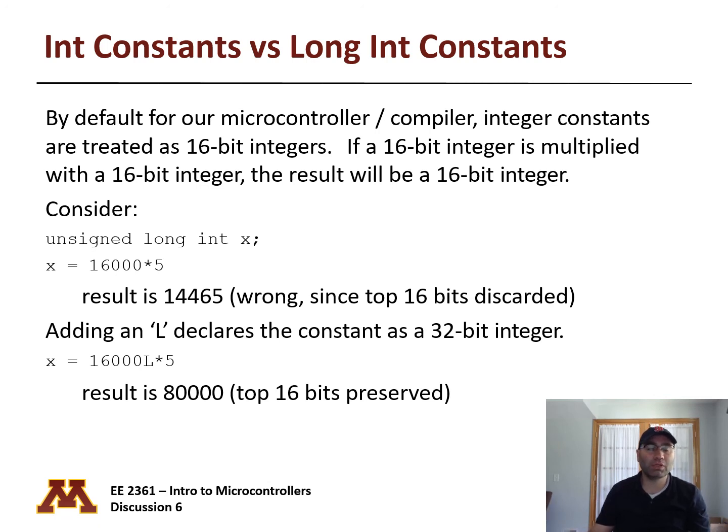Again, you can try this with one of your codes: grab one of your codes, simulate it, step into that instruction and that line, and you can see the x variable. If you don't have the L there, you're going to get the wrong result. Just important.